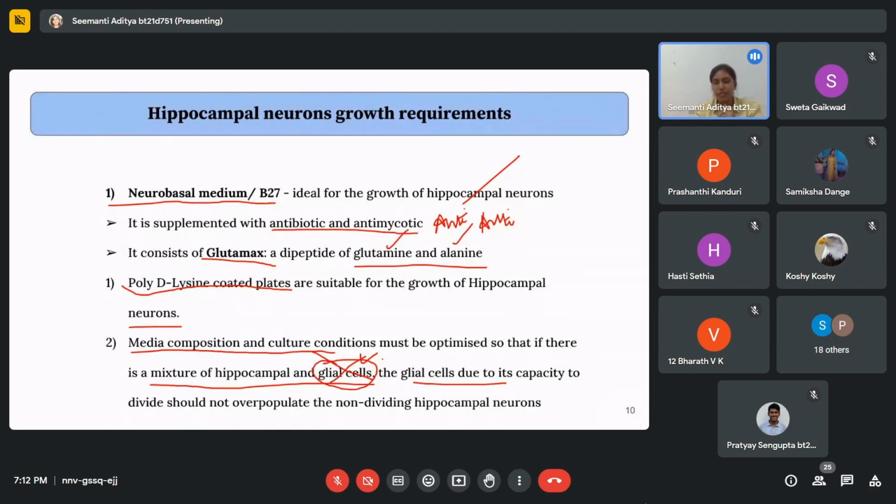We need a media composition, and the culturing conditions should also be optimized so that we get only hippocampal neurons, and they can grow irrespective of a small amount of glial cells. So that is all for today's lecture, and are there any questions?